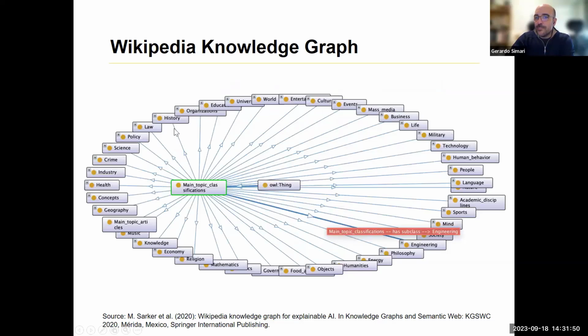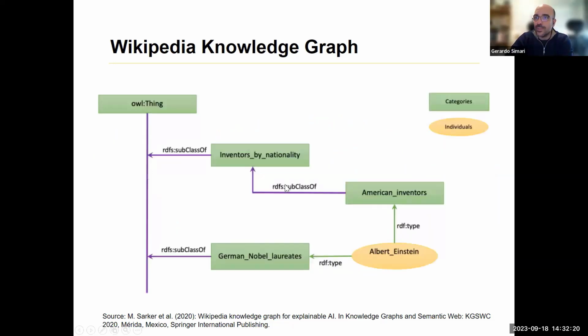So the Wikipedia knowledge graph looks kind of like this. You have different categories of data, and then you have subclasses. So engineering here is a subclass of the topic classification, which is a subclass of the OWL category of thing, which captures everything.